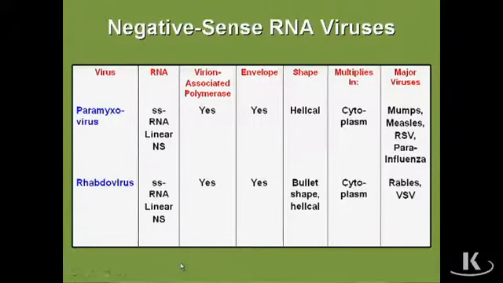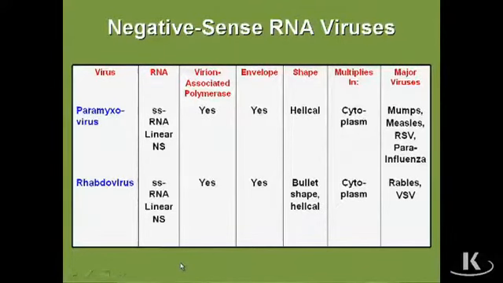Now, there are quite a few viral families here, but you're going to see that this section moves kind of quickly because a lot of them, I'm going to tell you, are not really high yield for the boards, okay? Because we don't see them very commonly in the U.S. Now, the paramyxoviruses are a group of high yield viruses. This covers mumps, measles, RSV, parainfluenza, so again, a major viral family.